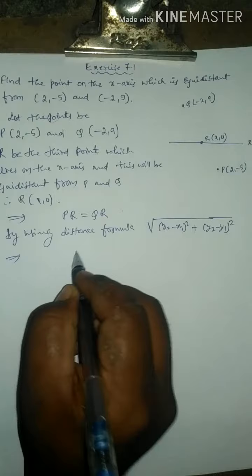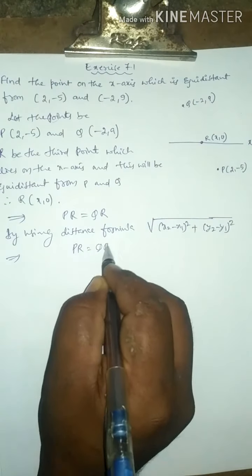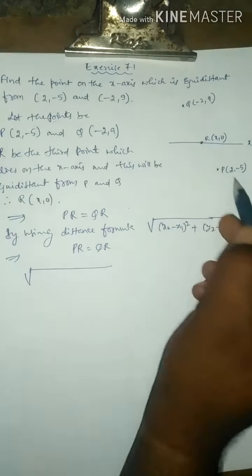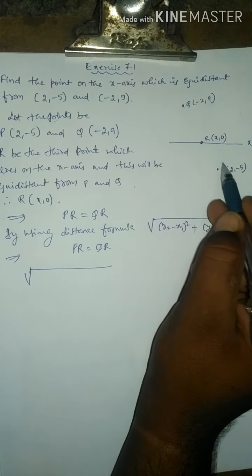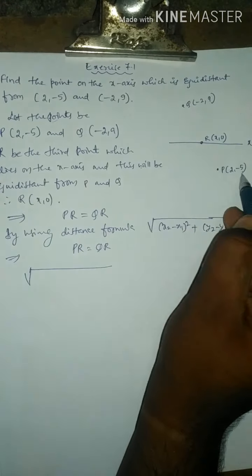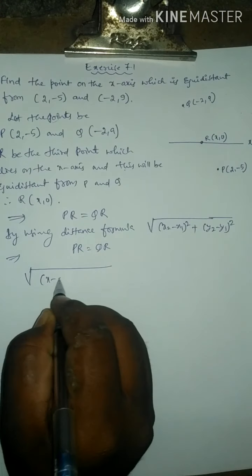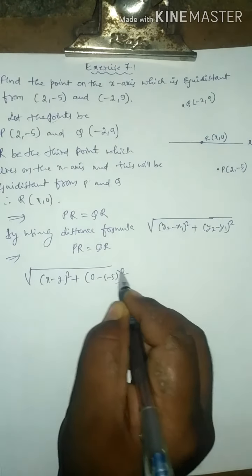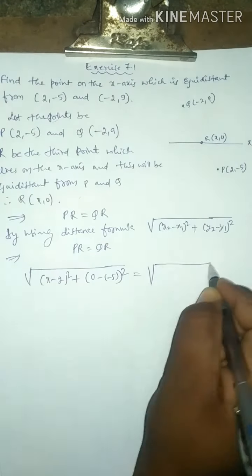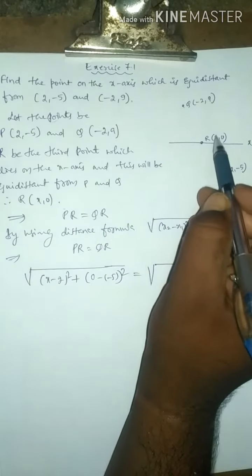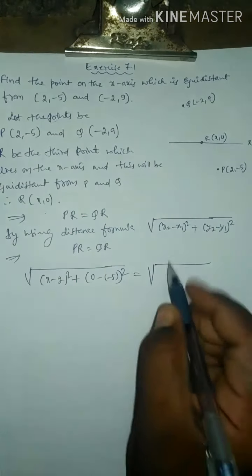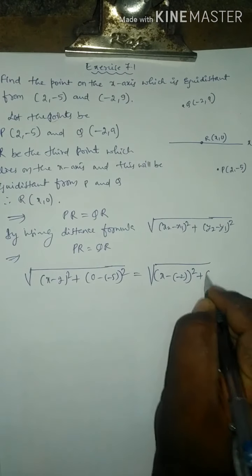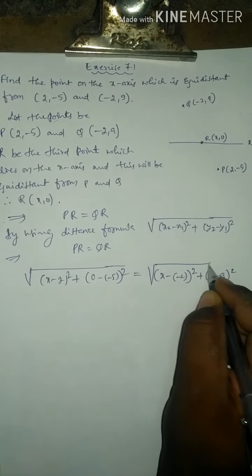So which implies, what is your condition? PR is equal to QR. To find the distance from P to R, under root, this is x1 y1, x2 y2. So under root x minus 2 whole square plus 0 minus of minus 5 whole square, this is equal to QR, under root x minus of minus 2 whole square plus 0 minus 9 whole square.